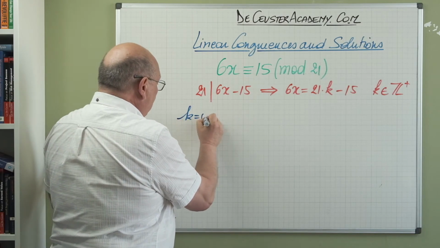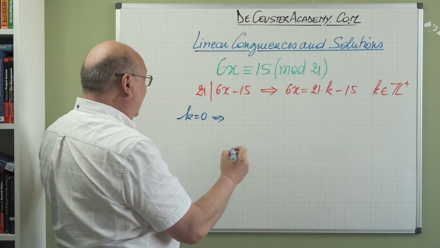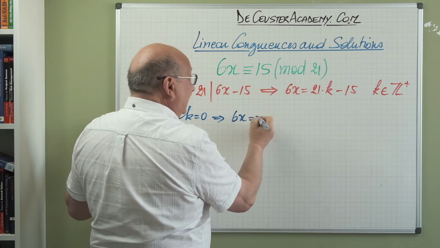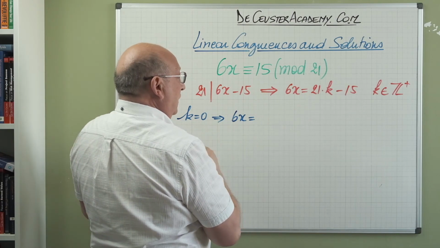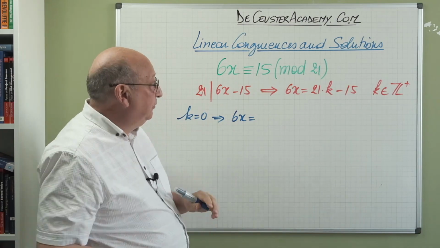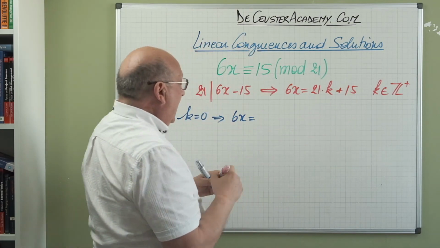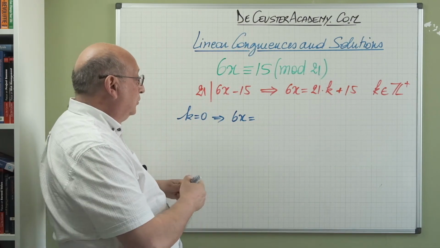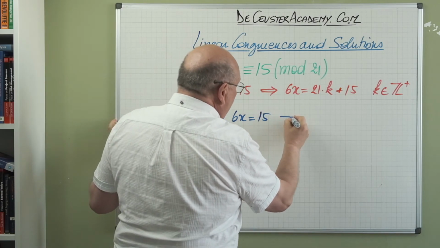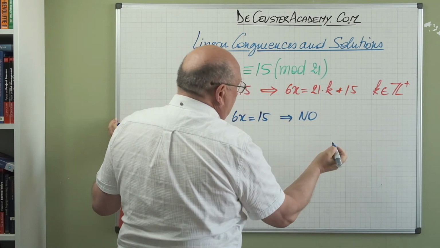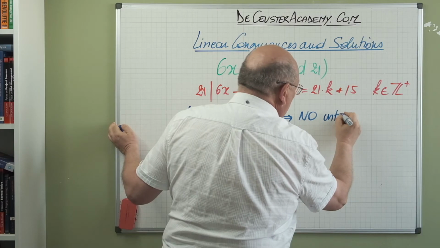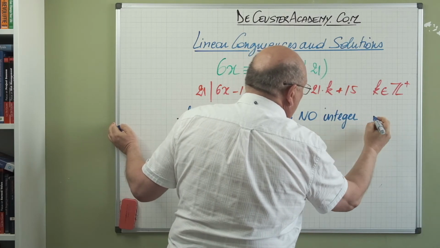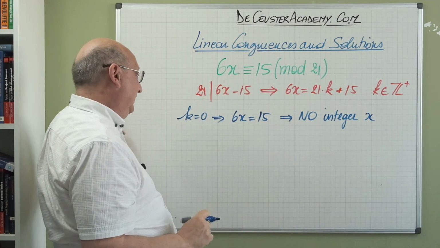K equal to 0, so basically what we find here, 6x is, and this has to be plus 15, sorry for that, 6x is equal to 15, and there is no integer x that complies with this.